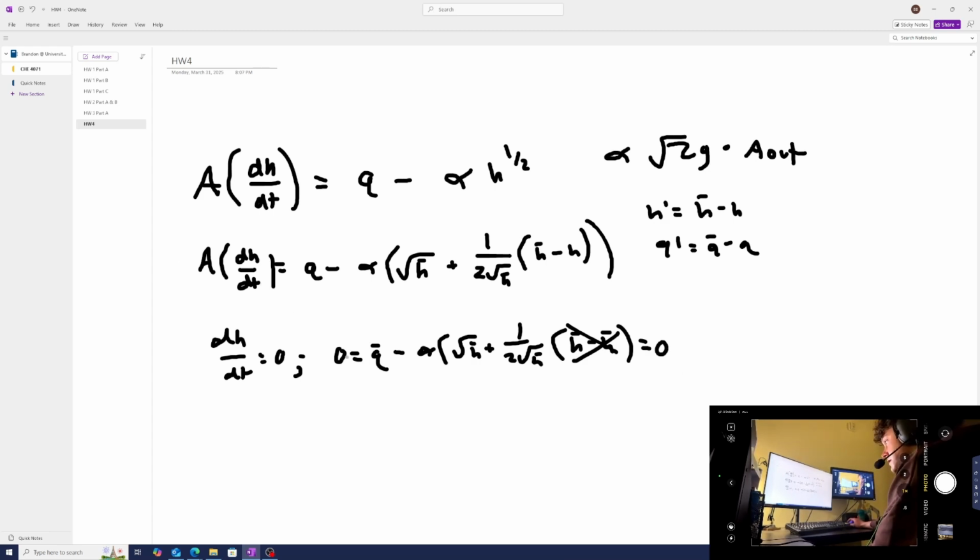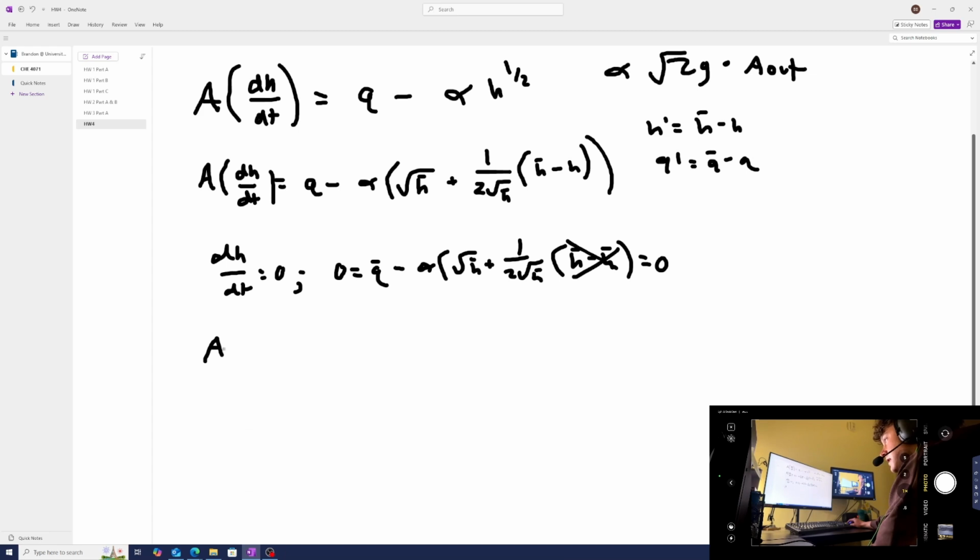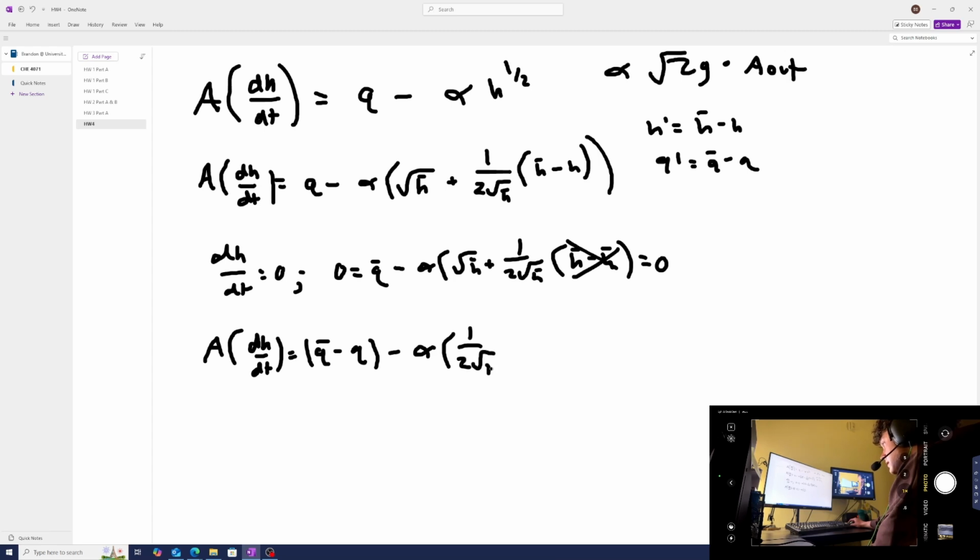So if we subtract these two equations from each other, we get our cross-sectional area, change in height with respect to time, is equal to our q minus q bar, minus alpha multiplied by our 1 over 2 square root of h bar times h minus h bar.